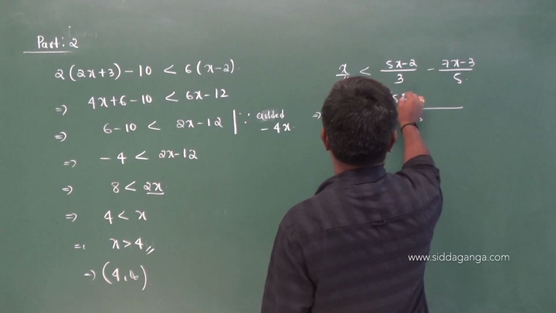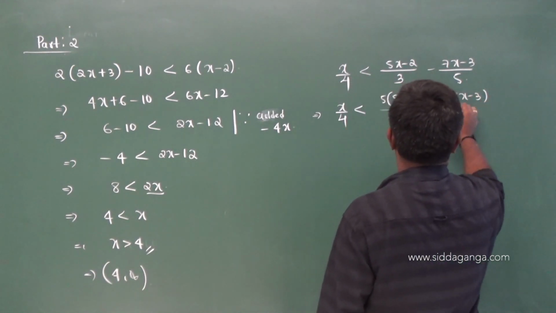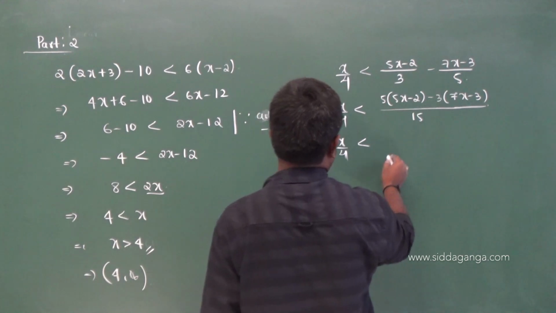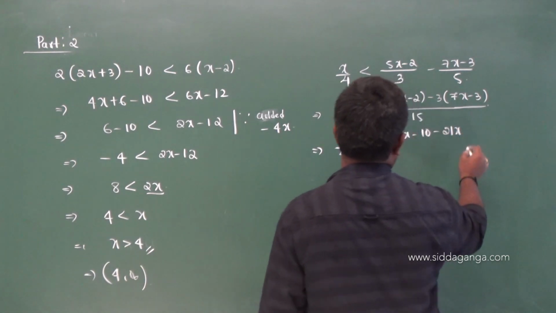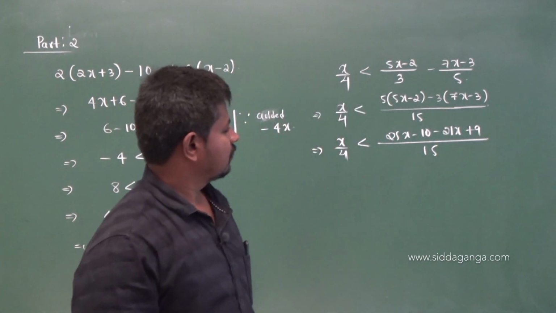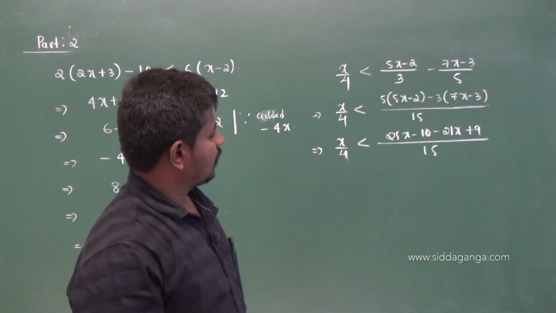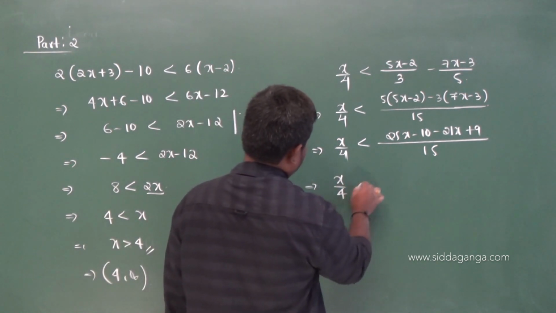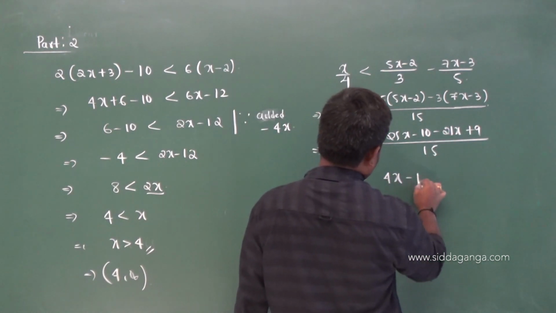So 5 into 5x minus 2 minus 3 into 7x minus 3. That's the simplification. So x by 4 is less than 25x minus 10 minus 21x plus 9, whole divided by 15. This gives x by 4 less than 25 minus 21, that is 4x minus 1 by 15.